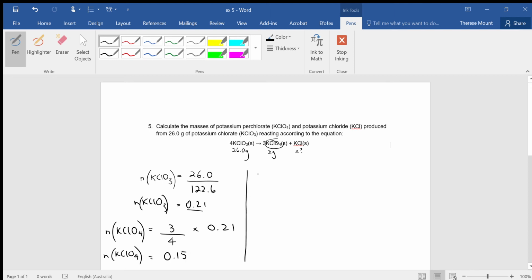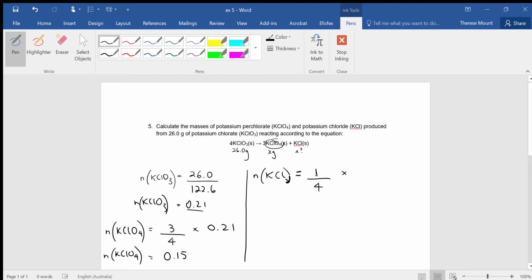Now I'm going to take the mole value of my potassium chlorate as well to figure out my other unknown here. I want to know the mole value of potassium chloride. I'm going to use my molar ratio, which is the unknown coefficient, in this case 1, over the coefficient of the known, which is 4.